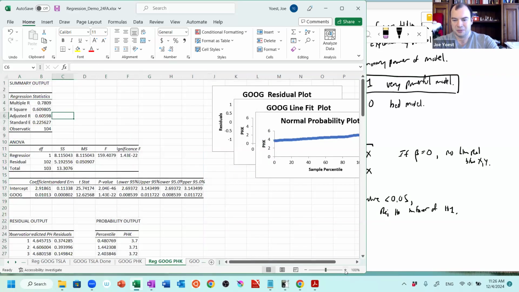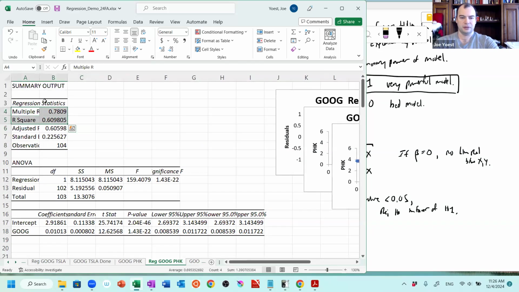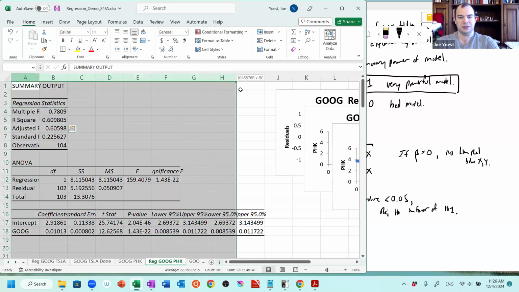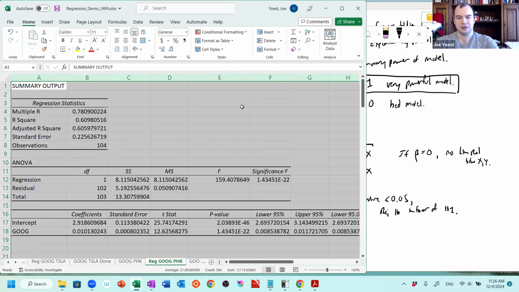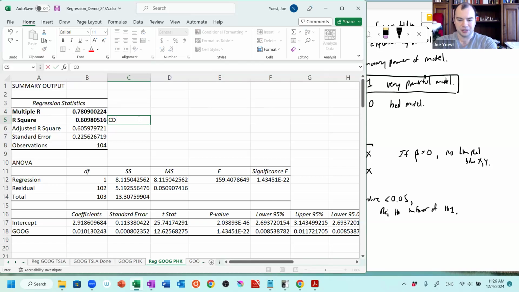If I look at my regression output, let me resize these. There we go. If I look at my regression output, I see my R squared is about 60%. My coefficient of determination is about 60% explanatory power.